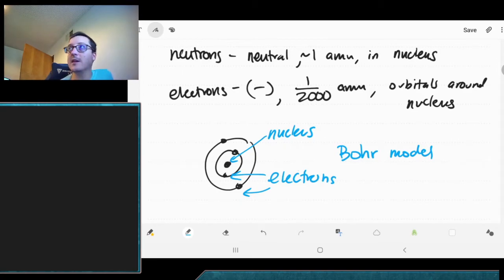We're going to talk about more sophisticated models of this idea in chapter 6 or 7. But this is a good place to start. We have our nucleus in the middle that has our protons and neutrons in it, and then we have the electrons zipping around it.